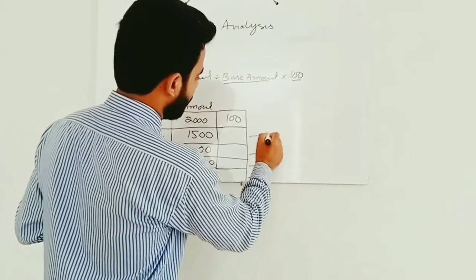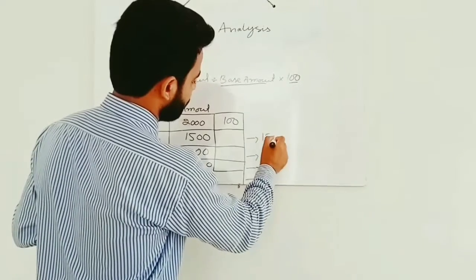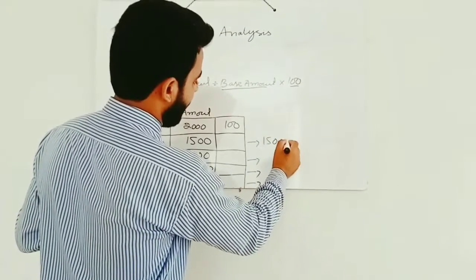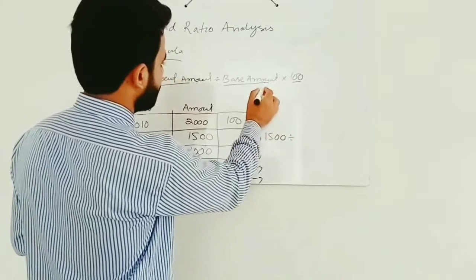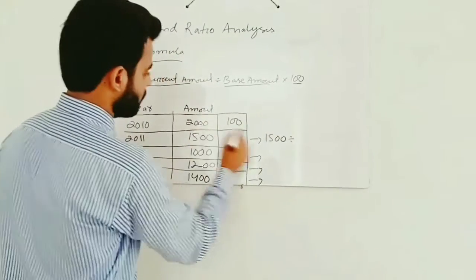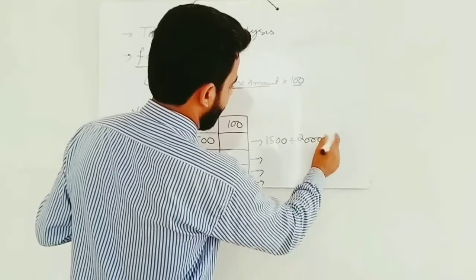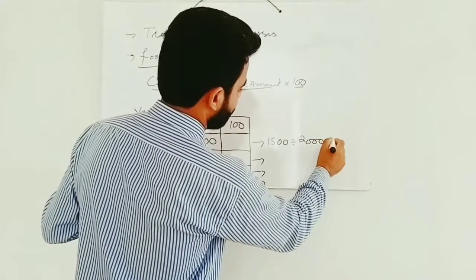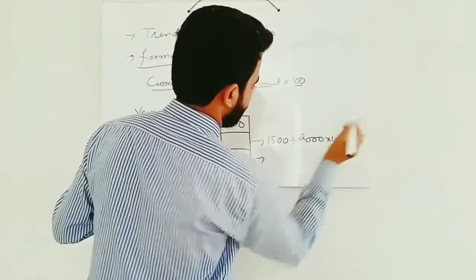$1,500. So according to the formula, current year amount is 1500 and we have to divide by base year amount, that is 2000. And when we multiply with 100, the answer will come 75.